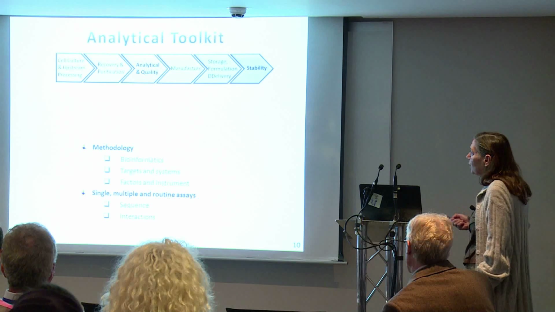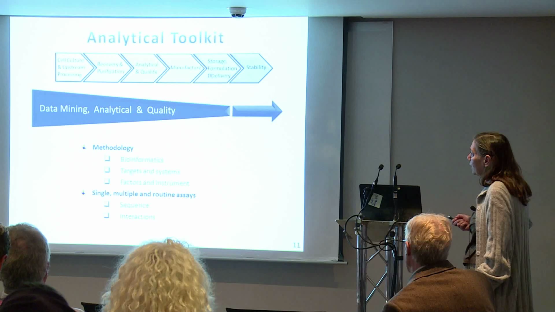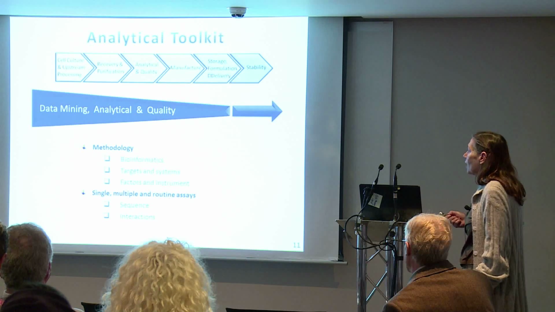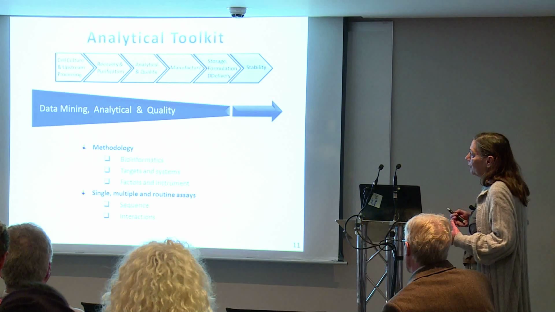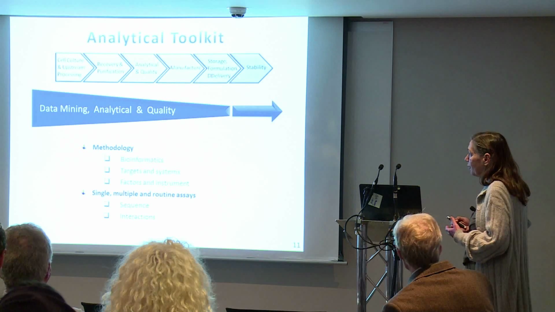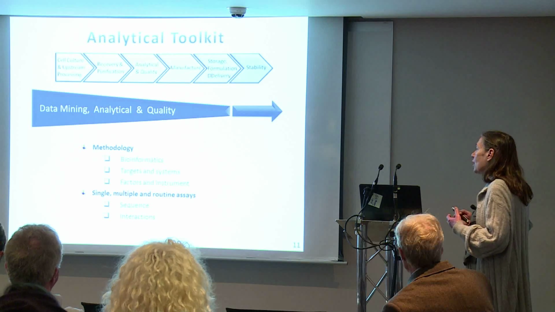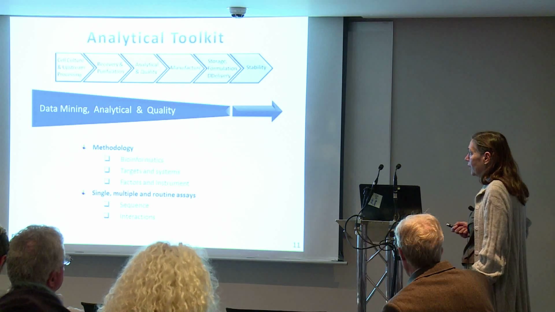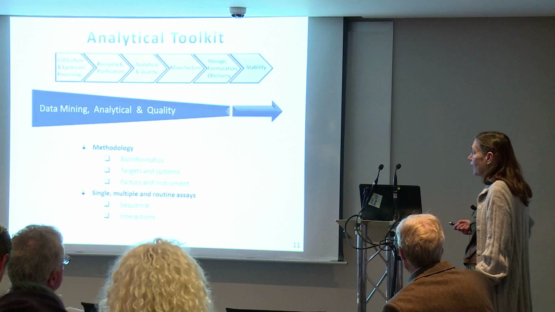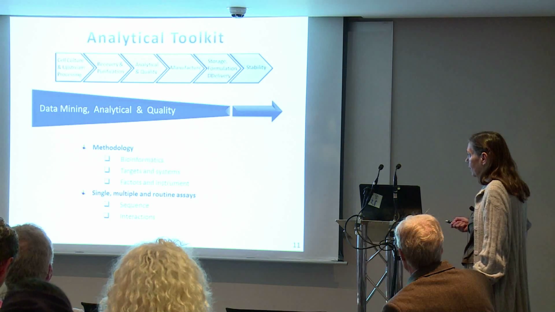And I would like to give you some examples of those types of approaches, when we start with data mining upfront and apply analytics and quality during the whole process of the research and development pathway in order to get more consistent results.